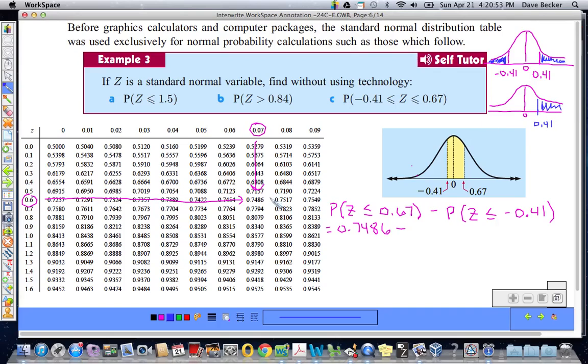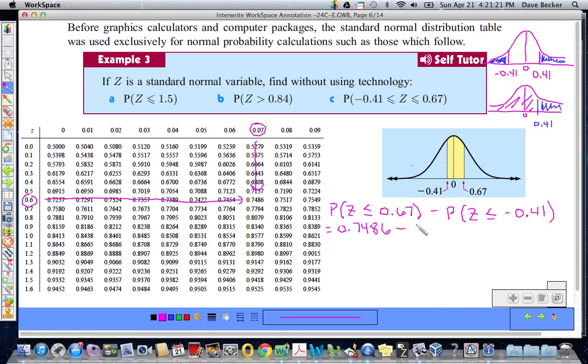Because this table gives area to the left of the piece of data. Well, remember, I just take 1 minus the probability that it's less than 0.41. Because remember, the area under the curve is equal to 1. So if I take 1 minus this here, I get this, which is equal to this.